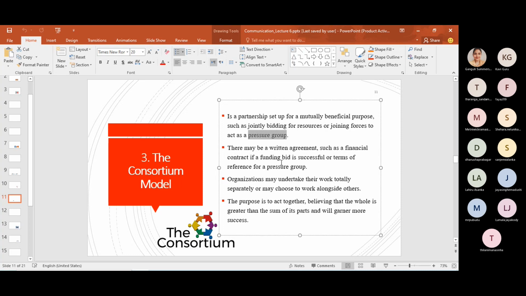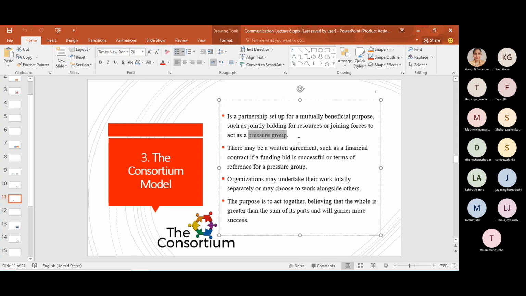Also, some organizations go into this consortium model to act as a pressure group. A pressure group means a group of people who influence a certain topic in the society.